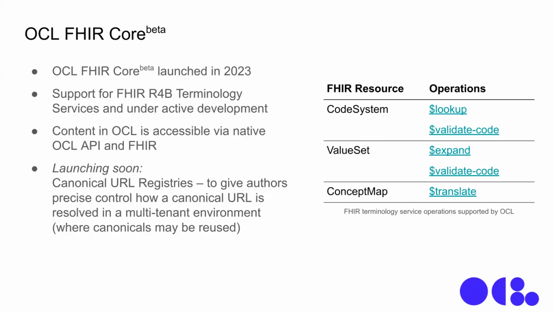Because it's a multi-tenant environment, we have to do some special work to ensure that if I reference LOINC, am I pointing to my locally authored subset of the LOINC codes that I'm using for this project, or am I trying to reference the gold standard LOINC, with all tens of thousands of terms managed by Regenstrief's LOINC team? This is a way that you can resolve that and have complete control.